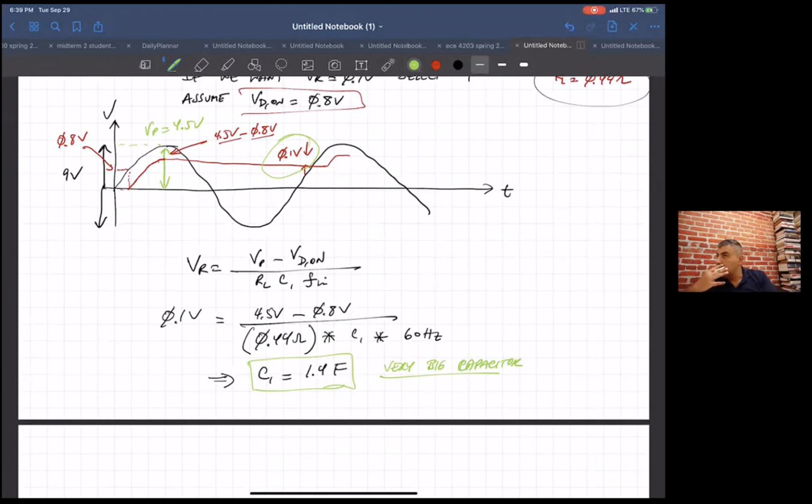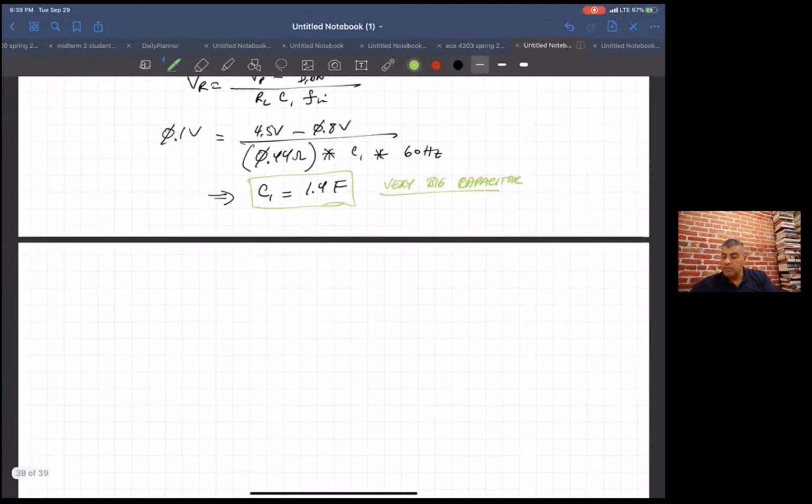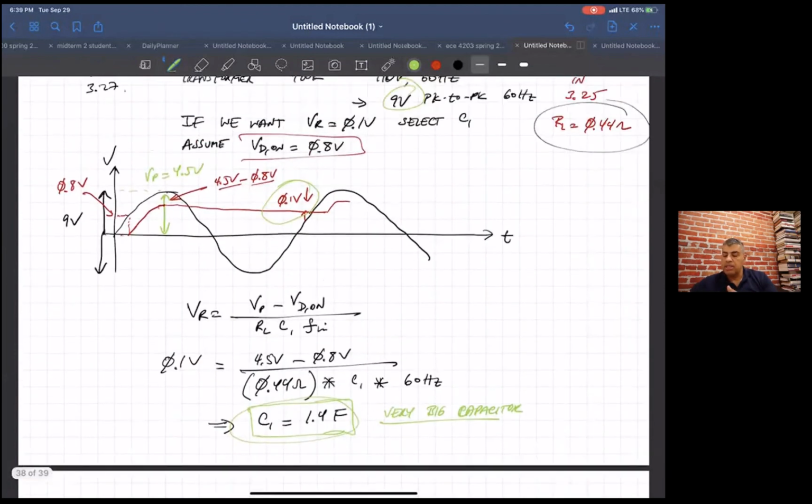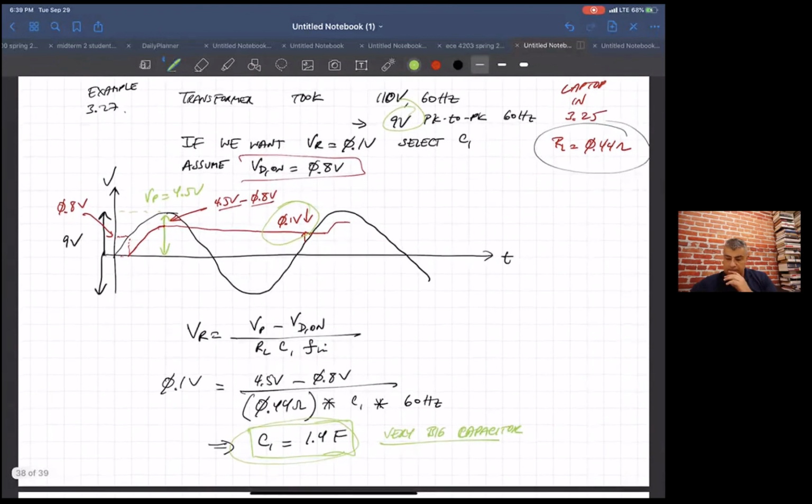You have to design your chip so it can live with a half volt ripple, or otherwise we end up with this gigantic capacitor that maybe I can't physically fit into my tiny laptop, or it's just too expensive for my budget. You've got to do a better job of designing this chip so it can handle the bigger ripple.